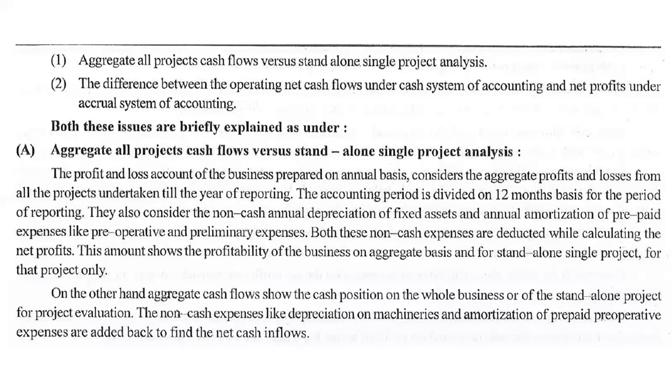On the other hand, aggregate cash flow shows the cash position of the whole business, or the stand-alone project for project evaluation. The non-cash expenses like depreciation on machinery and amortization of prepaid pre-operating expenses are added back to find the net cash inflow.